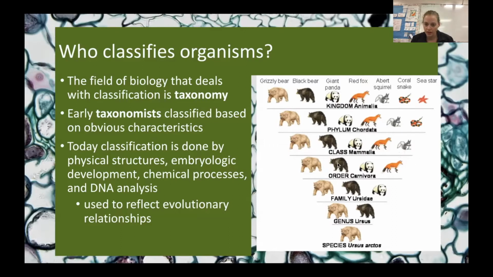So we eliminate that from this level. We go down to the family Ursidae. These are the bears. The fox is not a bear, so it gets eliminated. The genus Ursus are the true bears, the American bears, so we eliminate the panda. And species Ursus arctos is your grizzly bear. And so we have eliminated the black bear because only the grizzlies fit these characteristics.